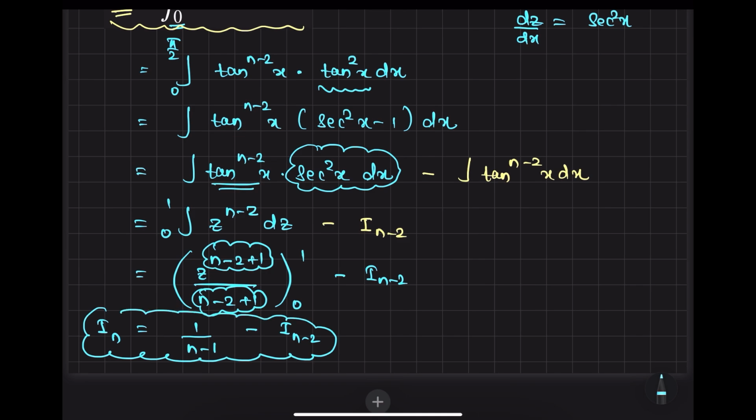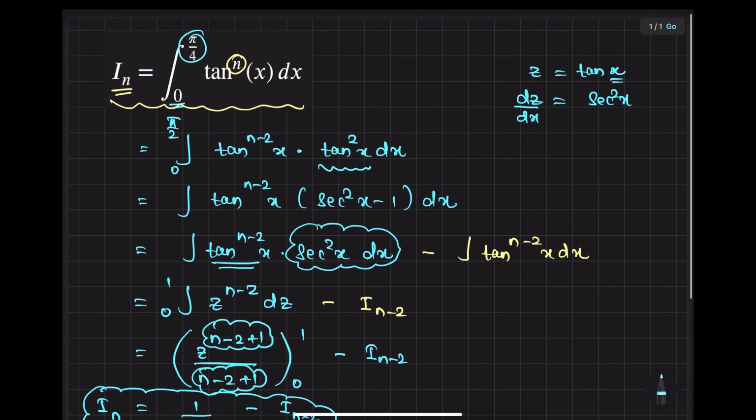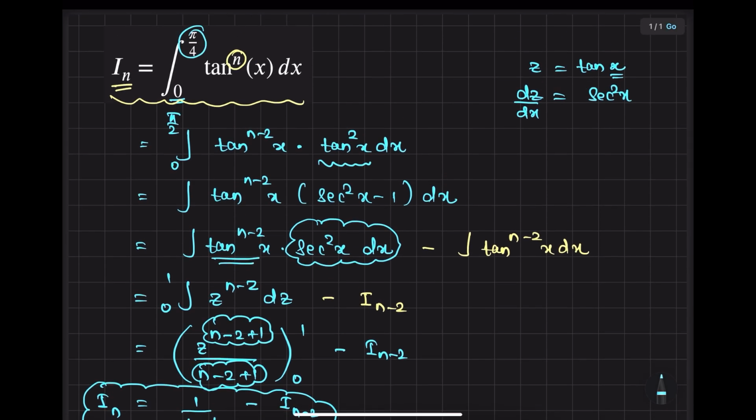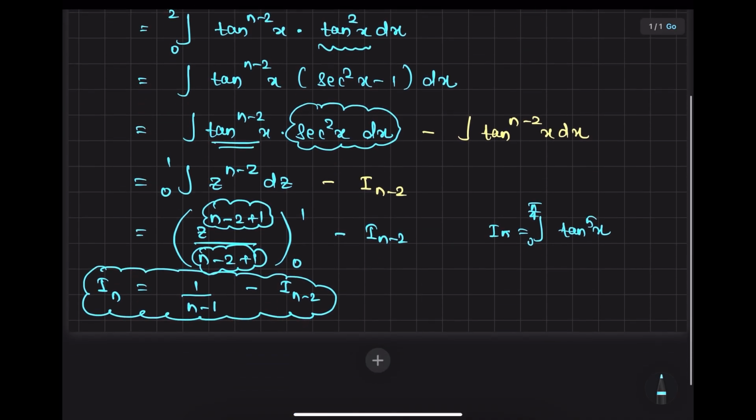Okay, now based on this you can handle similar situations. Means if I give you the question that I5 is integration from 0 to pi by 4 of tan power 5 x, how will you respond?